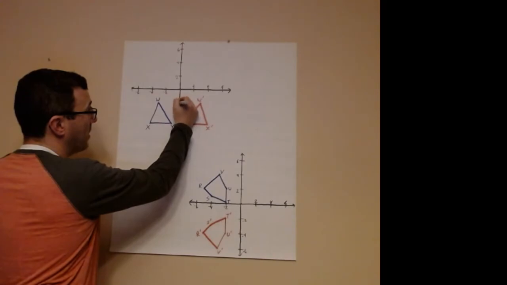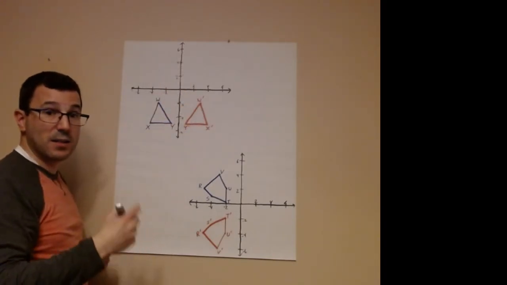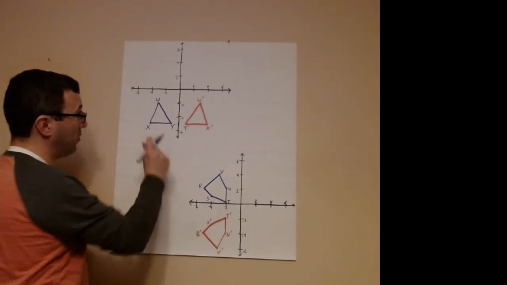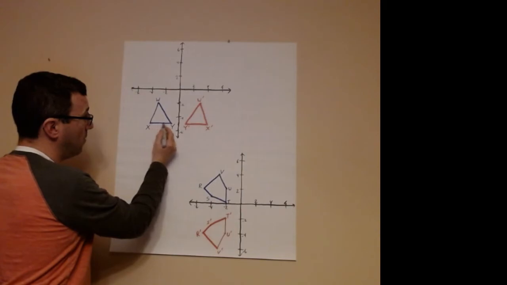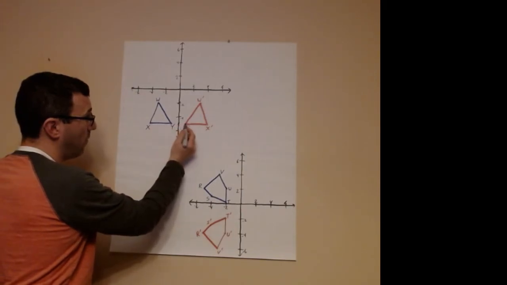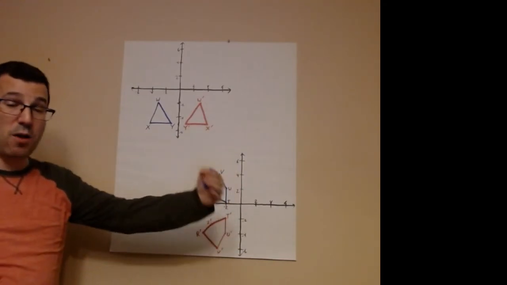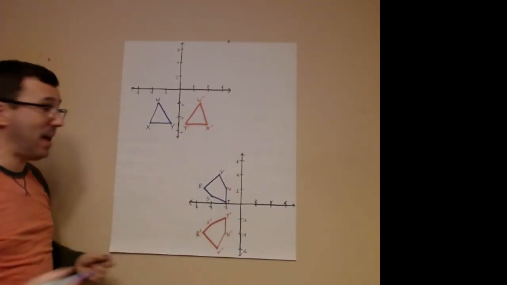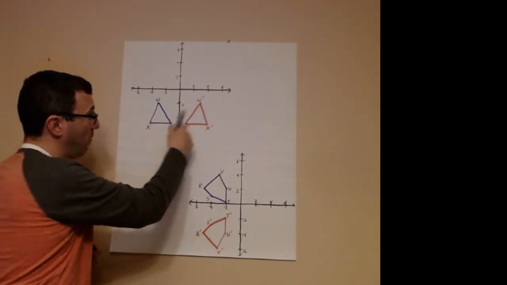I'm already kind of seeing that it's looking like the y-axis is our line of reflection. I've checked with the last point. 1, 2, 3, 4, 5, 6, 7, 8. To get from x to x prime, there's 8 spots. Half of 8 is 1, 2, 3, 4.